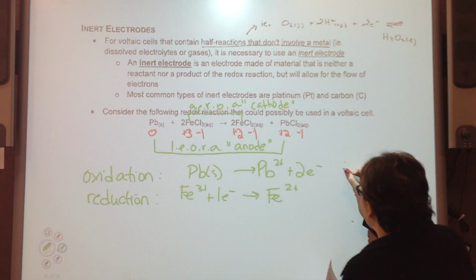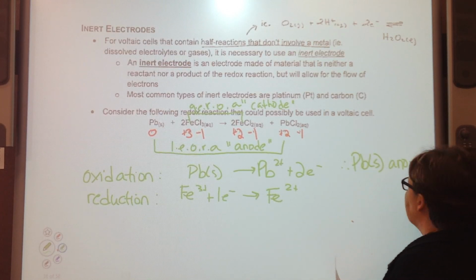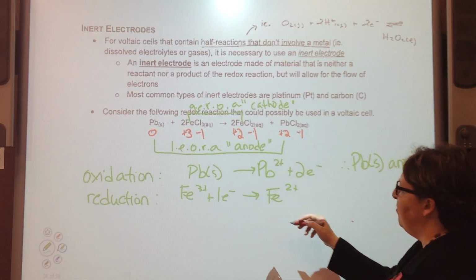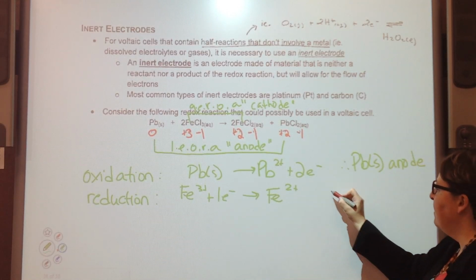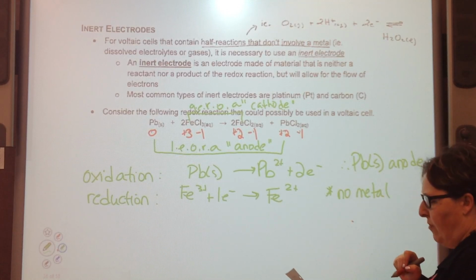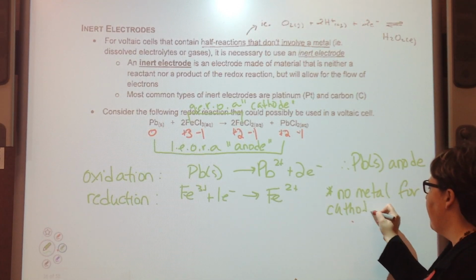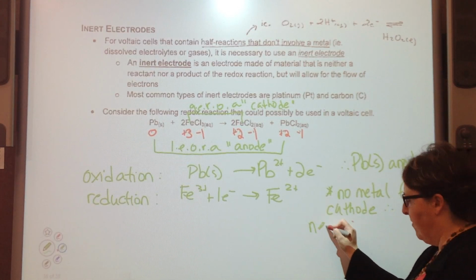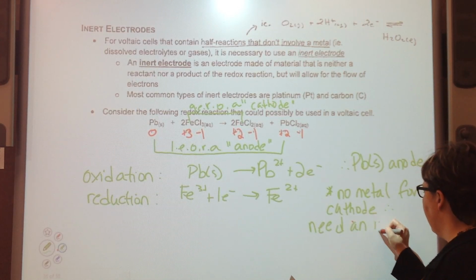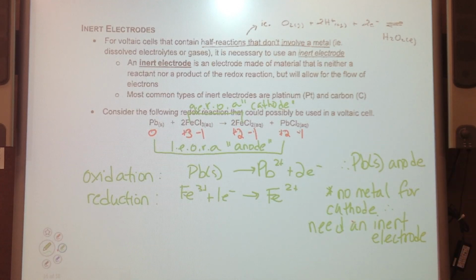So this means that lead as the solid is the anode. But here we have no metals, right? No metal for the cathode because it's still in ion form. Otherwise, we wouldn't be able to complete our cell notation.